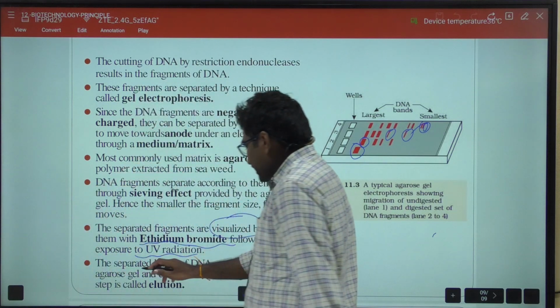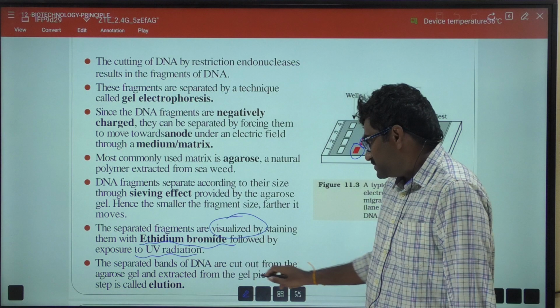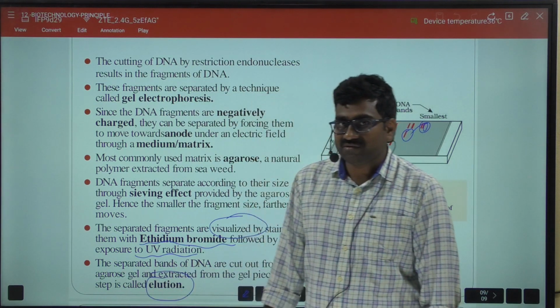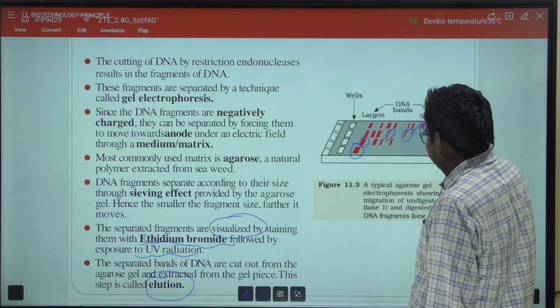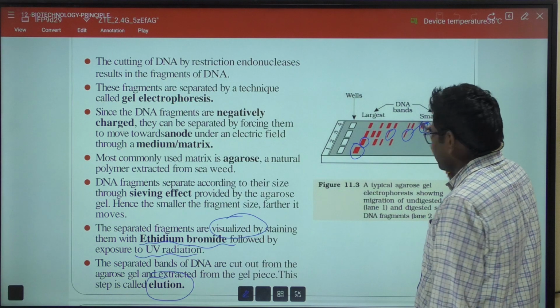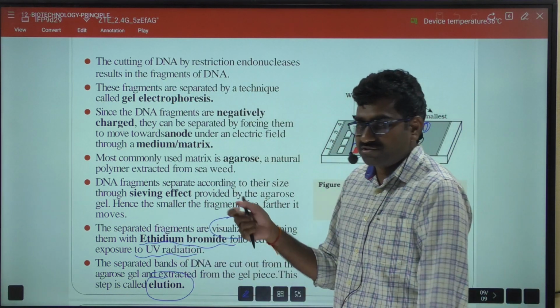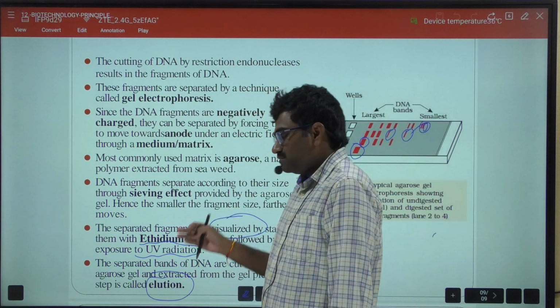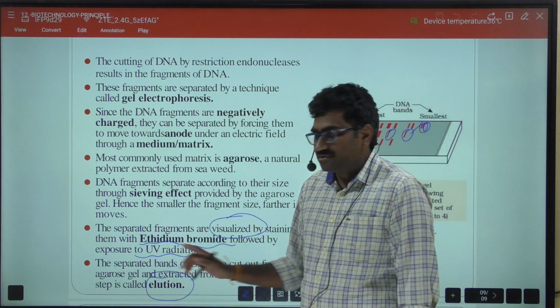The separated bands of DNA are cut out from the agarose gel and extracted from the gel piece, and this step is known as elution. Previous NEET question. So the cutting of that DNA fragment from the agarose gel is known as elution. Very important: you need to remember the staining solution as well as what is elution.